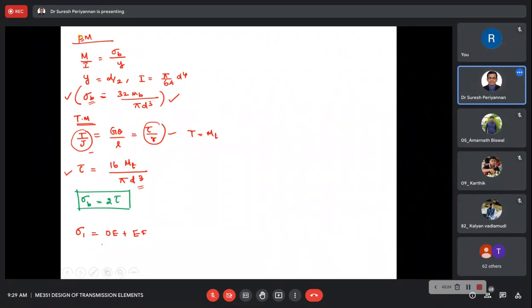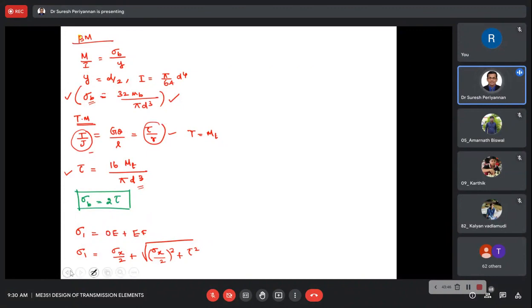What is OE? OE we know very well: sigma x by 2. Then sigma 1 is equal to sigma x by 2 plus the square root of sigma x by 2 whole squared plus tau squared.